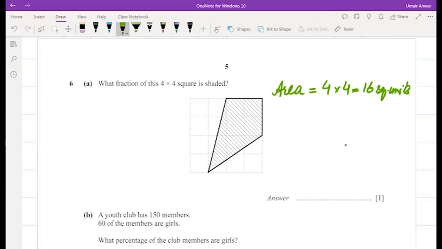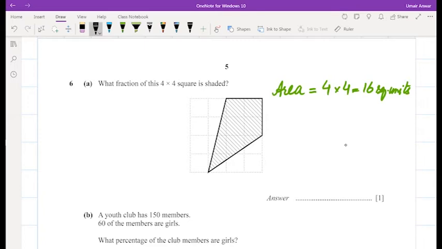Now, to find the fraction of the portion which is shaded in this 4 by 4 figure, we can solve this in two ways. The first one could be that we find the shaded region, and the other approach is that we find the area which is not shaded, and then by subtracting that from the total area we can find the area which is shaded.